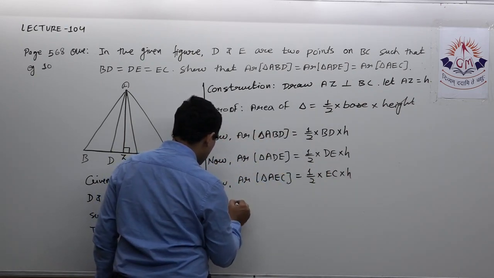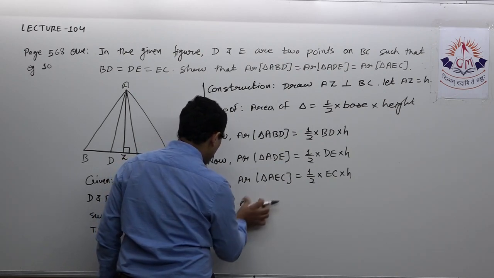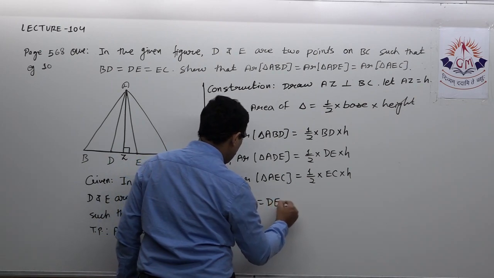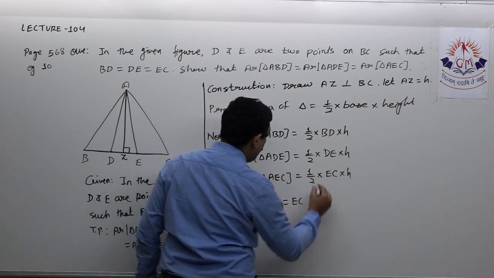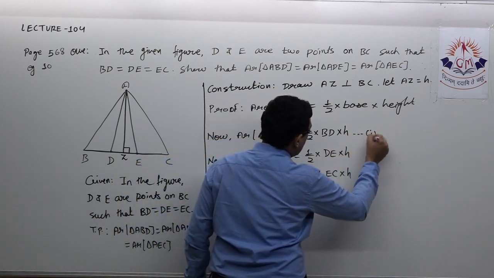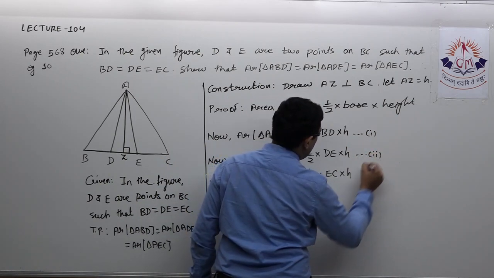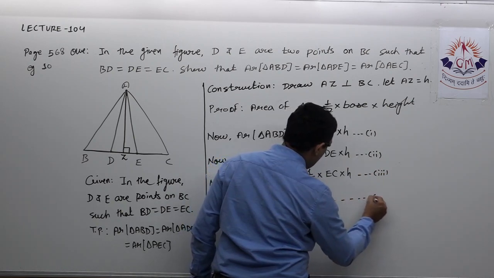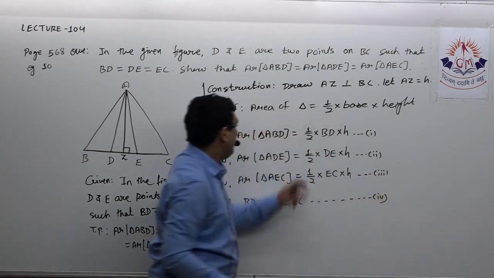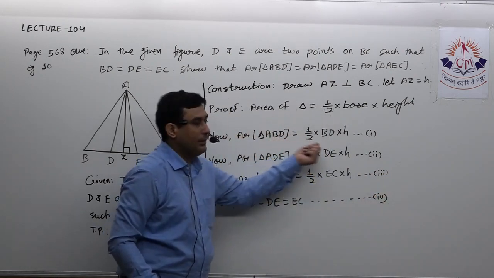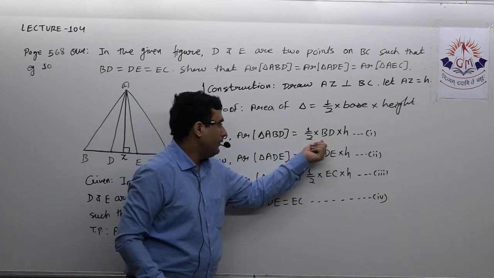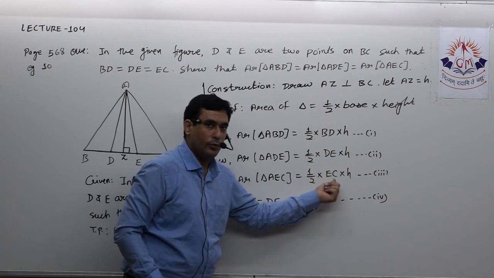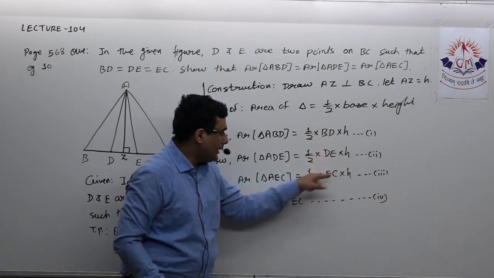Also, we have BD is equal to DE is equal to EC. So let this be equation number 1, equation number 2, equation number 3, and let it be equation number 4. Okay, first says area ABD is equal to 1 upon 2 BD into H. This is 1 upon 2 DE into H. This is 1 upon 2 EC into H. But these three bases are equal.